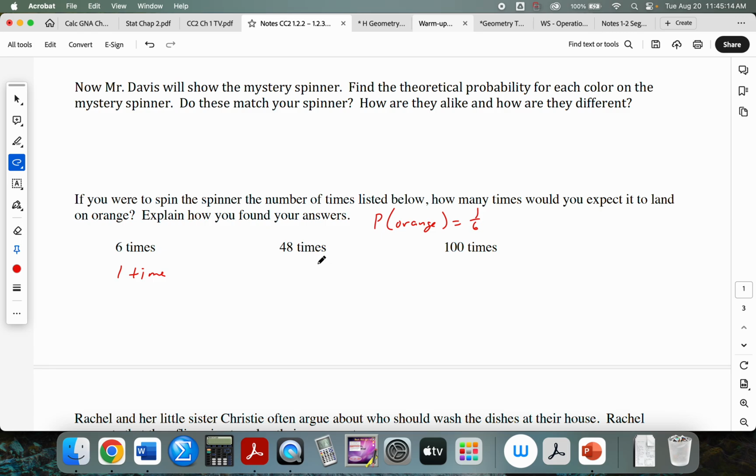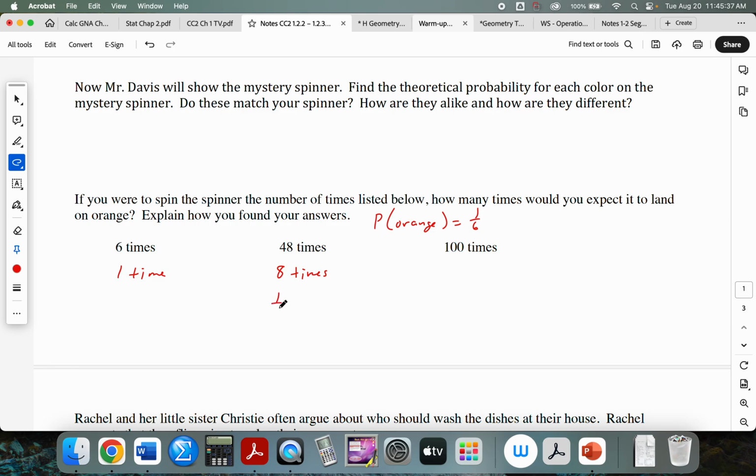What if you spin it 48 times? It would be what? 8 out of 48. Yes. Why 8 times? Because I connected 6 to 48. Okay.